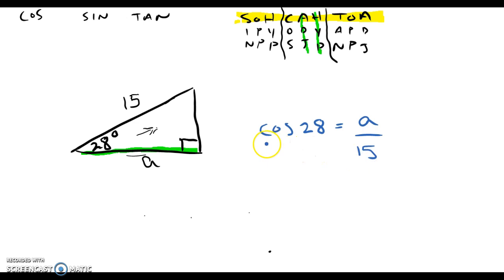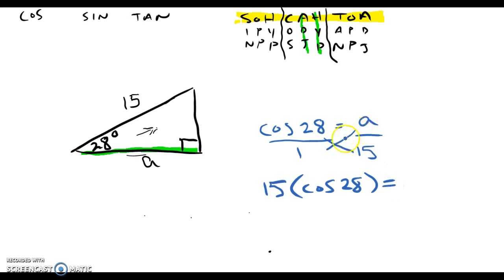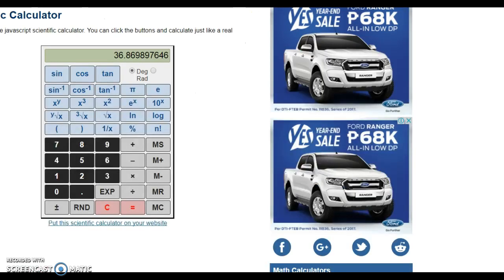Okay, so just like all the cross multiplication that we learned about, we're going to do that again. So now I'm going to do 15 times the cosine of 28 is equal to a times 1, which is a. So I'm going to go back to my online calculator here.